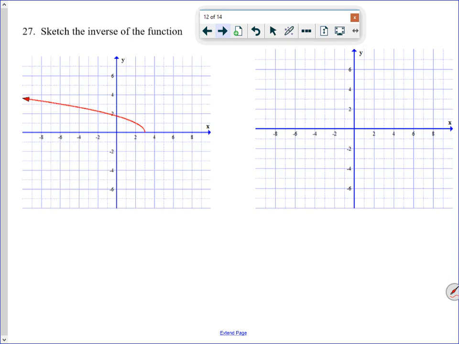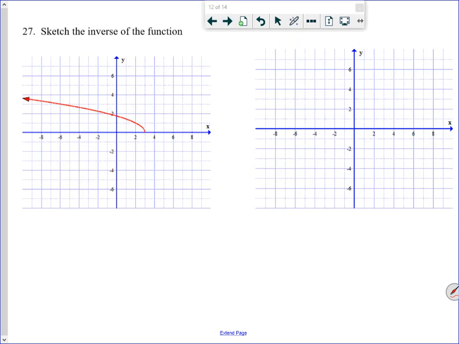All right, so this said sketch the inverse of the function, and some people have trouble with this. One of the things we need to remember is that these functions, inverses, are symmetric along the line y equals x. But an easier way to do this is to remember that you switch the x and the y. So if you just pick a few points on the graph, here this is 3, 0, 2, 1, and negative 6, 3.